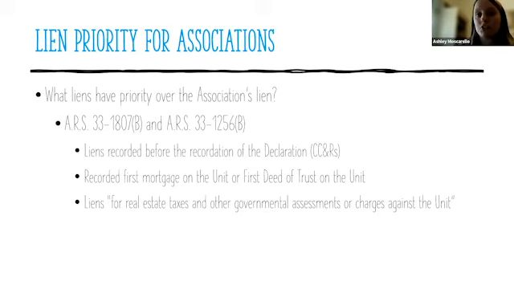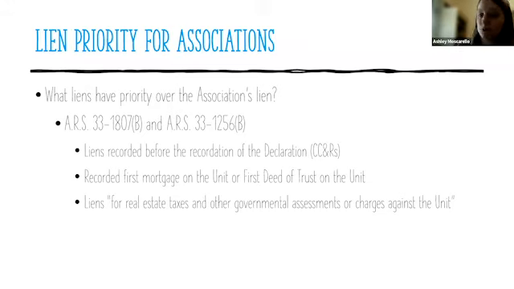So the first deed of trust, not any subsequent deeds of trust, but the first one, usually to fund the purchase of the house, is superior to, or ahead in line of, the association. The last one is the one that's relevant for today, which is liens for real estate taxes and other governmental assessments or charges against the unit.